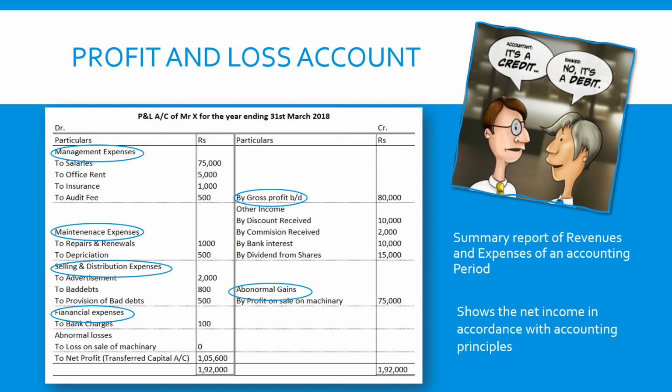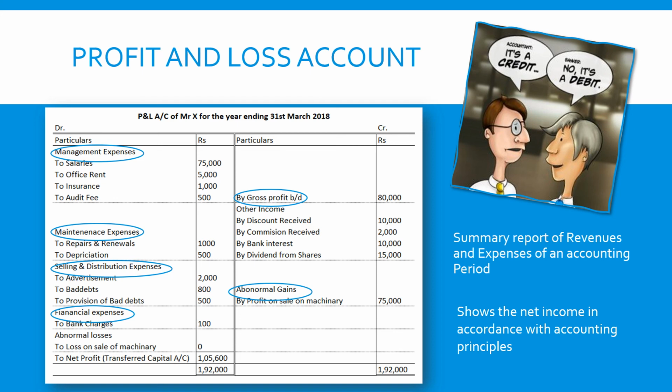Similarly, suppose for the same office rent, for some reason we could not pay that amount to the property owner. Just because we have not paid, do we not recognize that amount? Should I increase my profit by another 5,000 just because I have not paid it?